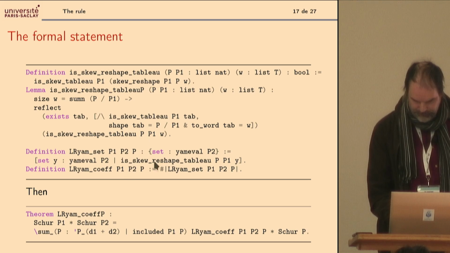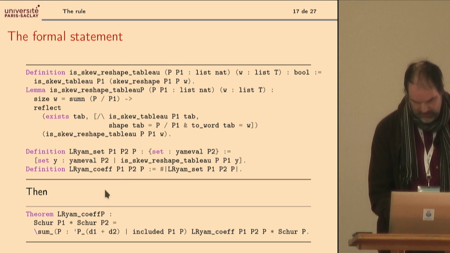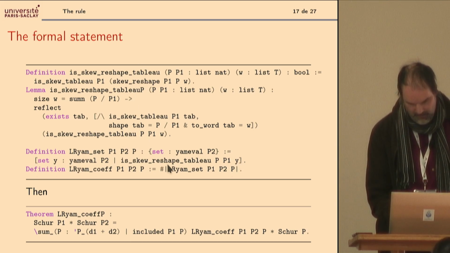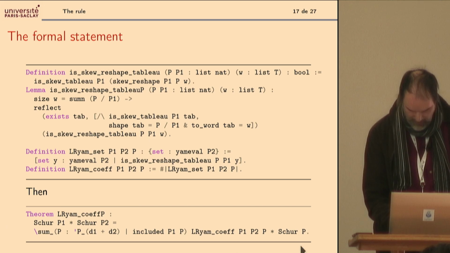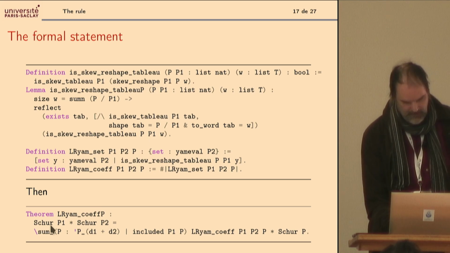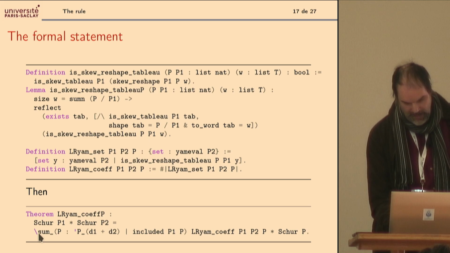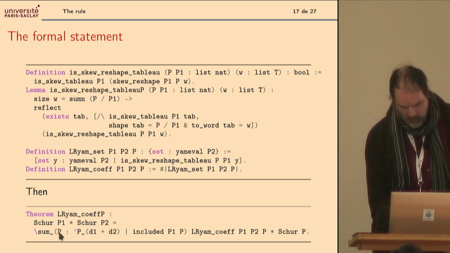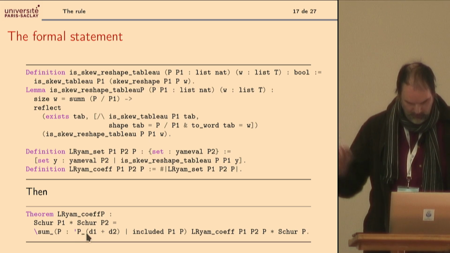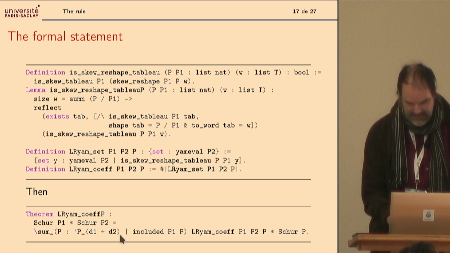Let's keep a little of all those statements. I'm just expressing that. And then the main theorem is what is at the bottom of my screen. If I multiply Schur of P1 by Schur of P2, I get the sum over all partitions of shape P with D1 plus D2 boxes.